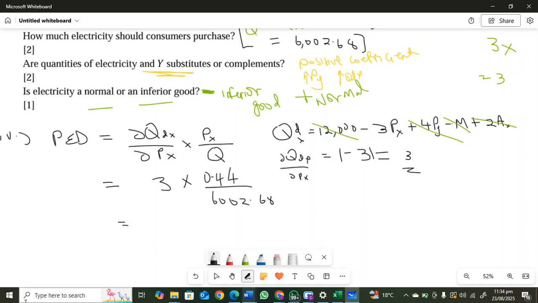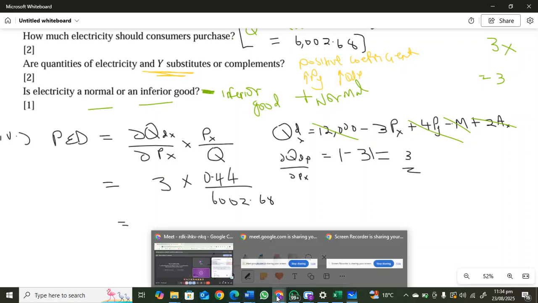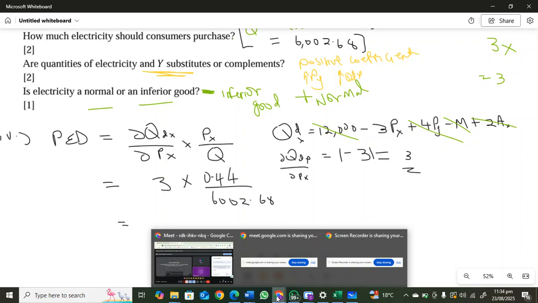Anybody? 0.44 divided by 6002.68. It can't be 7.33. The number has to be low.